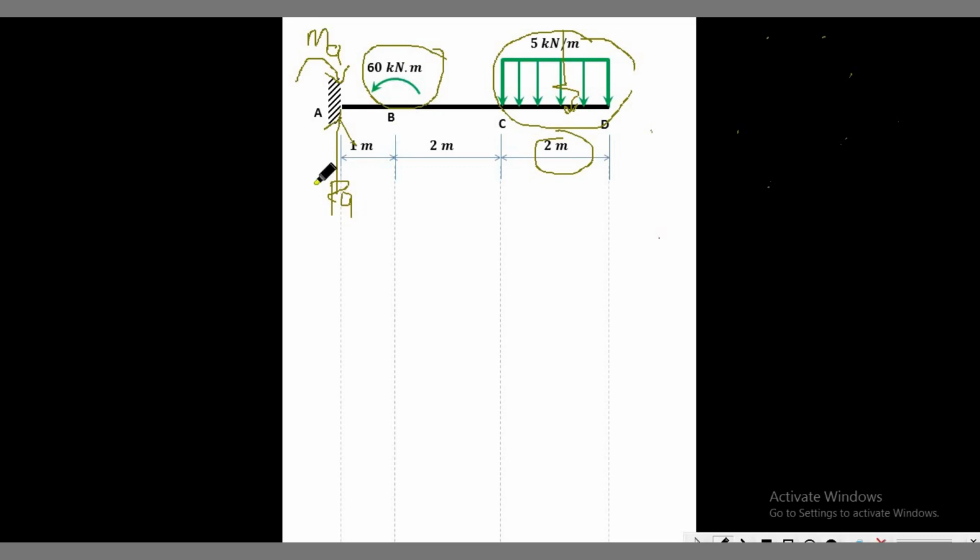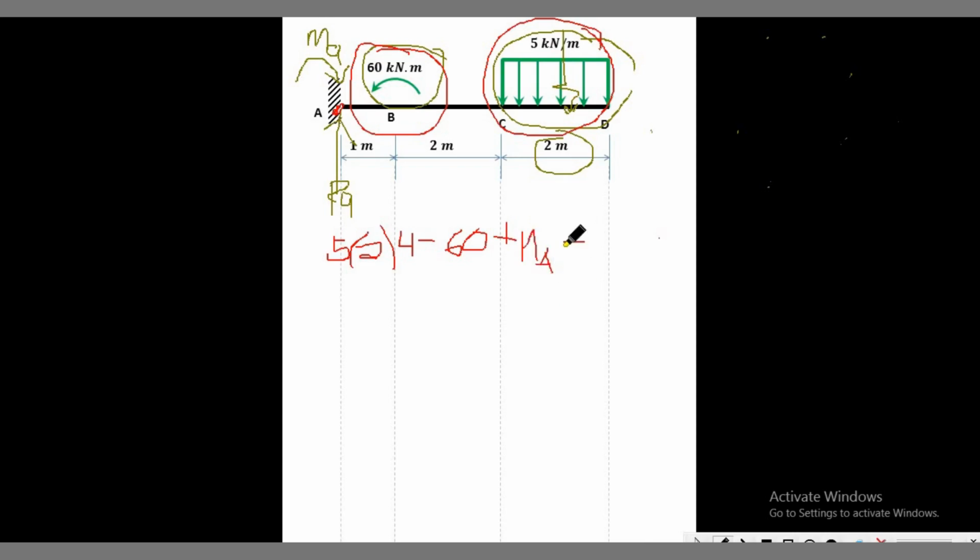Then, taking moment at point A, that clockwise dito nga uniformly distributed load. So, that is 5 times 2. The moment arm is 4. Then, since this is counterclockwise, so minus 60. Now, do not forget, there is a moment here, MA. Since that is clockwise, in-assume ko, so plus MA. That is equal to 0. This is 80. Tama? Minus 60.